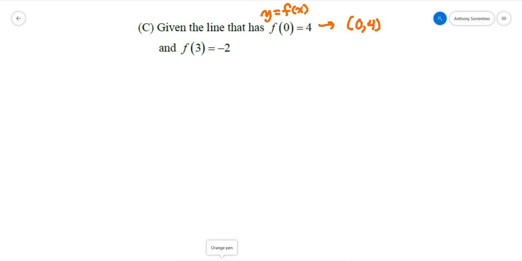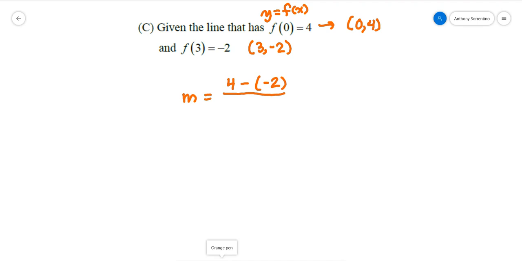So when x is 0, y is 4. When x is 3, y is negative 2. And they do have a couple problems out of your textbook that present it this way. And so if I want to figure out the slope for this, again, it doesn't matter which order I take them. I'm going to take the 4 first for the y, minus a negative 2.